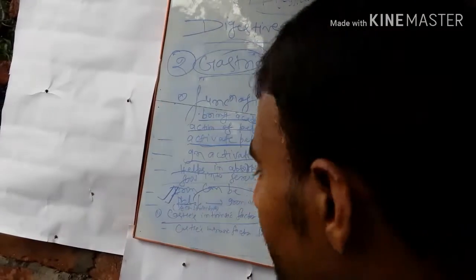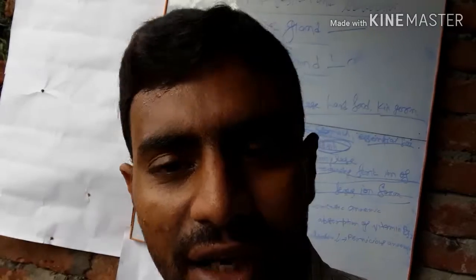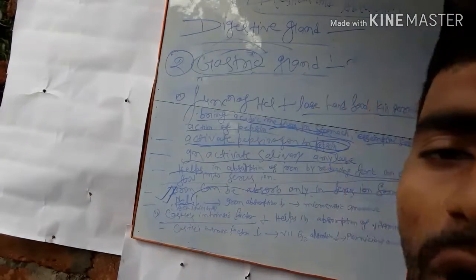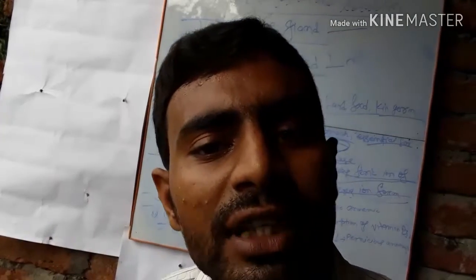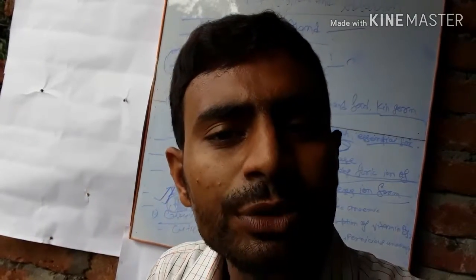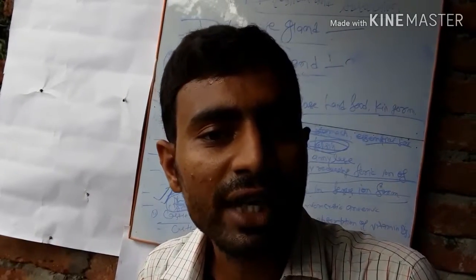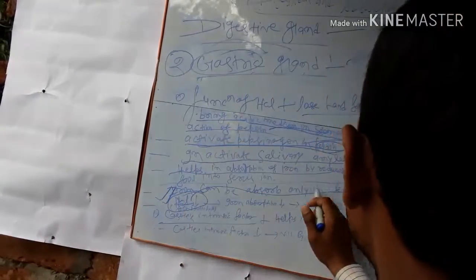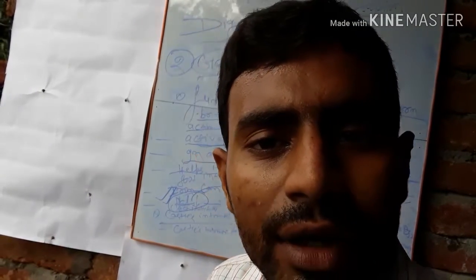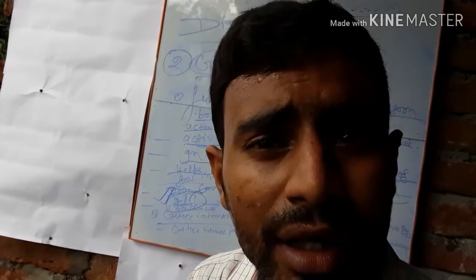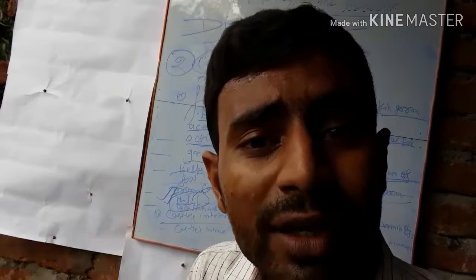When HCl decreases, that condition is called achlorhydria. If HCl decreases, iron absorption also decreases, because HCl converts the ferric ion of iron in food into ferrous ion, and iron is absorbed only in ferrous ion form.